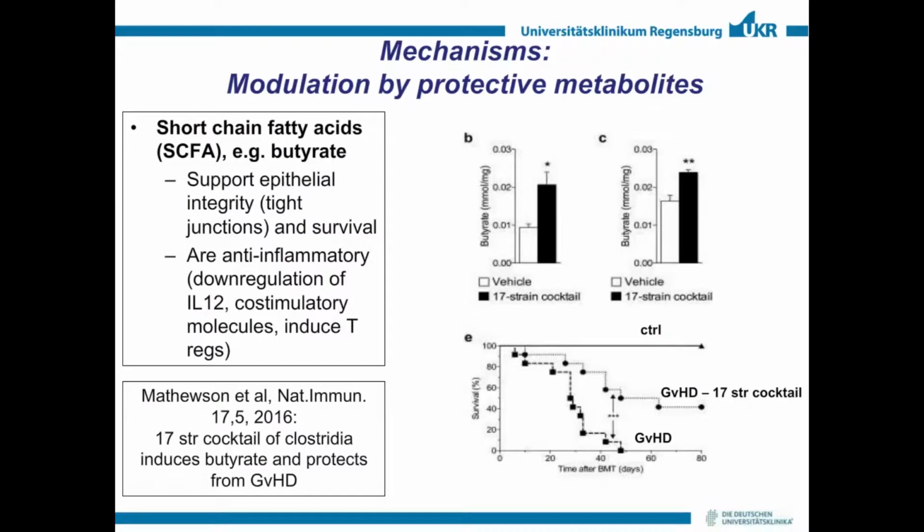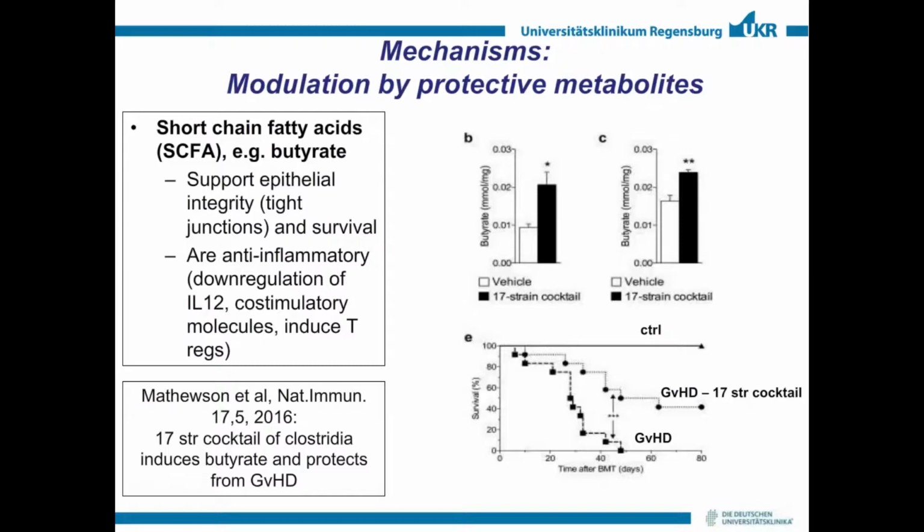They have used butyrate gavage to protect against GVHD, and they also introduced a 17-strain cocktail of Clostridia in the GVH model.